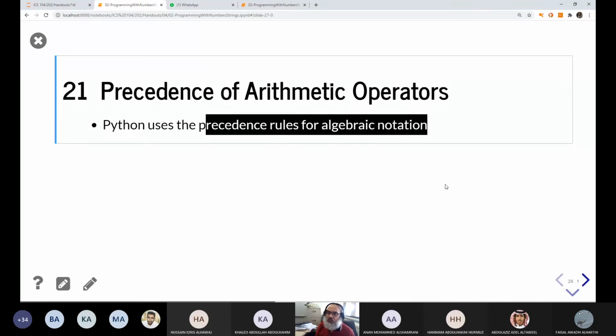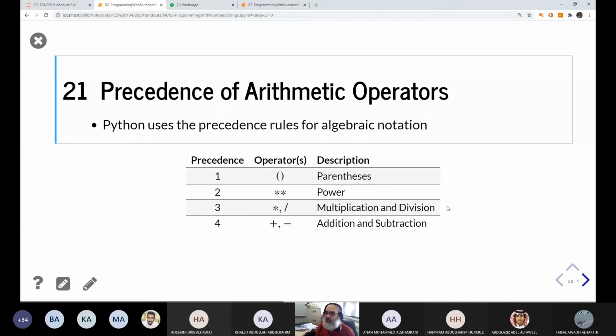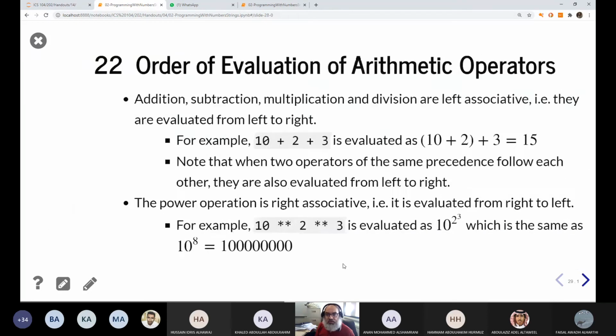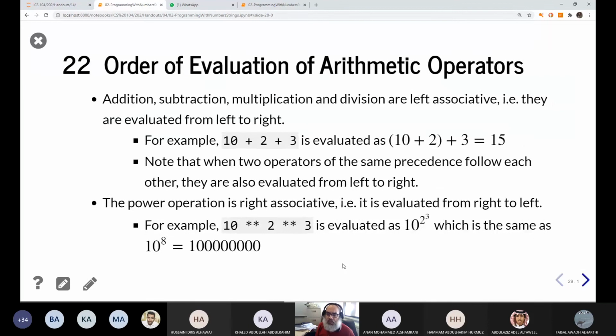The highest precedence goes to parentheses, then the power, then multiplication and division, and finally addition and subtraction.